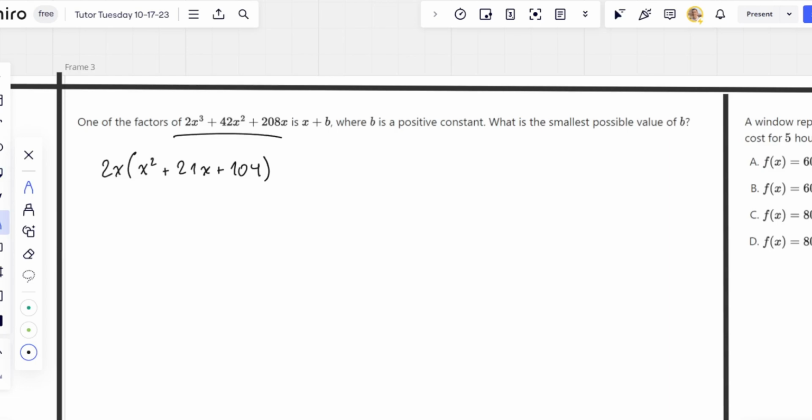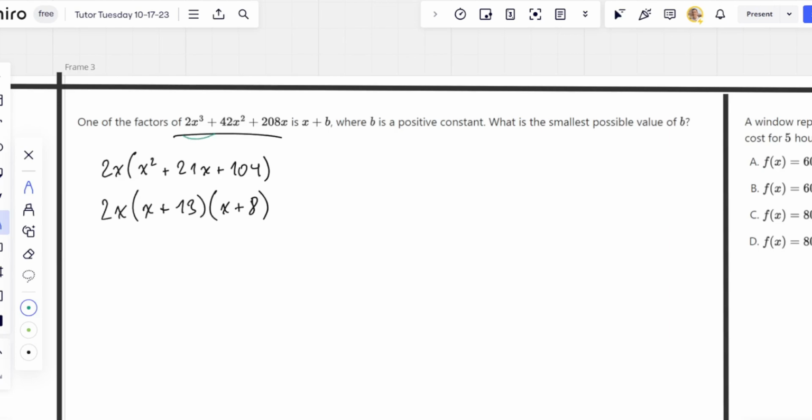It's a little bit tricky, but you could probably see we can factor this as 2x. And in the quadratic, we want two numbers that multiply to 104 and add up to 21. And that would be x plus 13, x plus 8. You can verify that on your calculator.